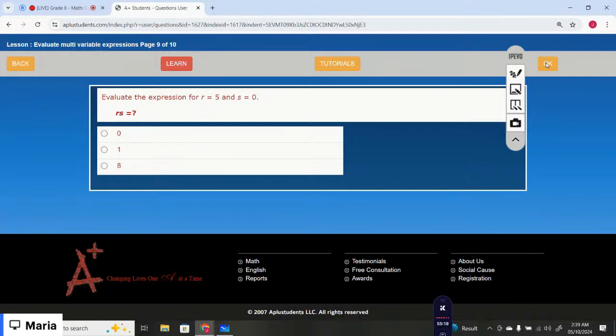So any number when multiplied by 0 makes it 0. So option number 1 is the correct option.